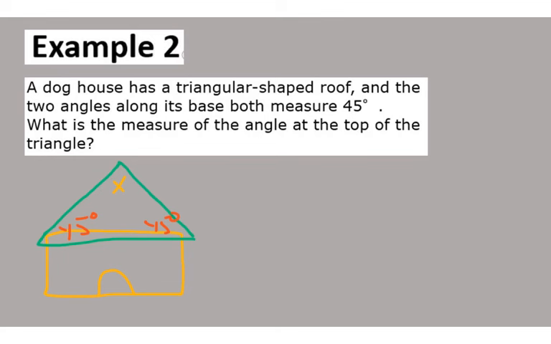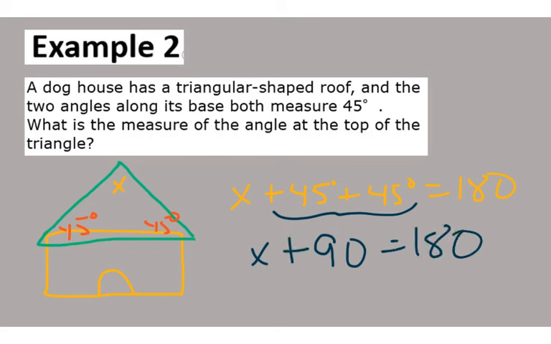Again, we can add the x plus the two knowns, the 45 degrees plus another 45 degrees, and we know that it all equals 180 degrees. When you combine 45 and 45, that is 90 degrees. So our equation now says x plus 90 equals 180.